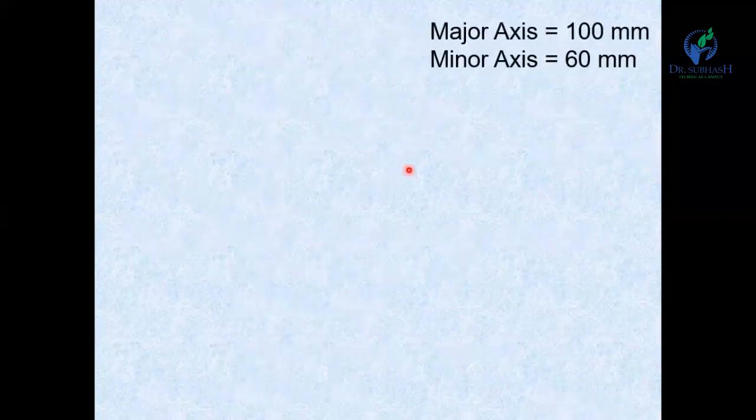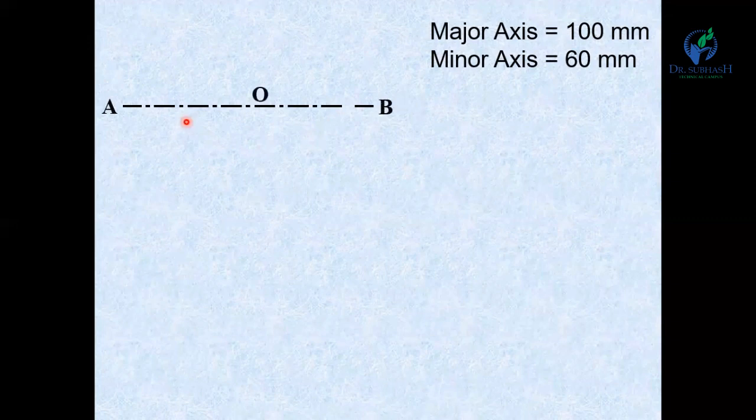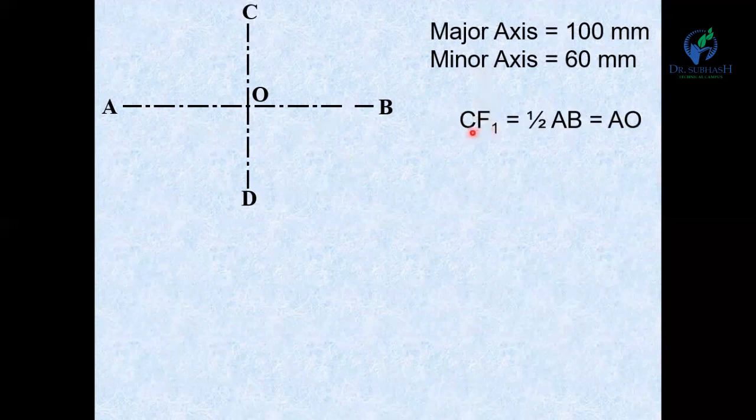Now, say one example: major axis is 100 mm, minor axis is 60 mm. So major axis AB is 100 mm, and minor axis CD. Now as per the definition, CF1 is equal to 1/2 AB, which is equal to AO.